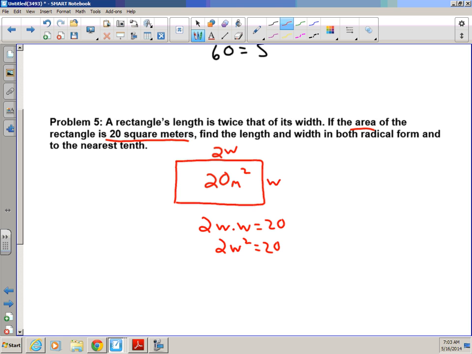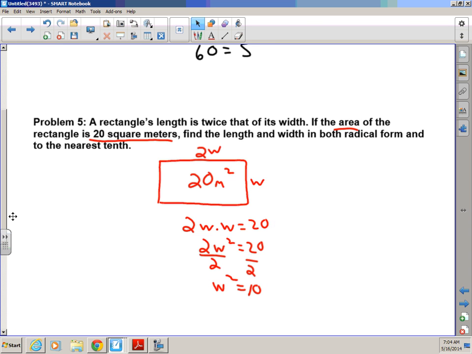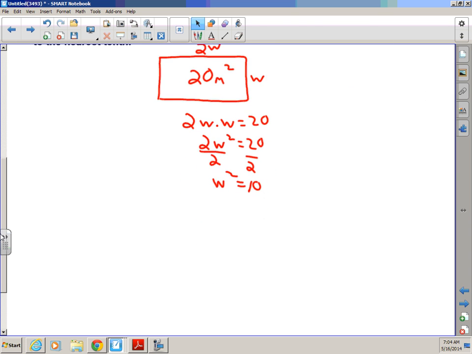Now think of solving this equation as if it were a linear equation. You're trying to isolate the w, so I divide by 2. So w squared is equal to 10. All right? So just as we did above, what are we going to do to figure out w? Well, since it's squared, we're going to take the square root. So w is equal to the square root of 10. And we know that the square root of 10 is approximately 3.2.